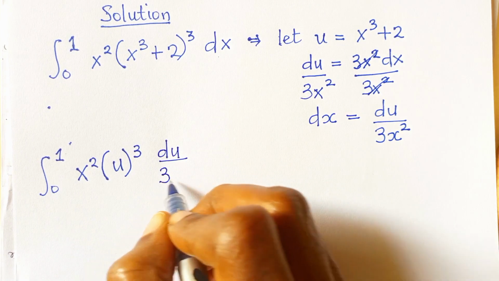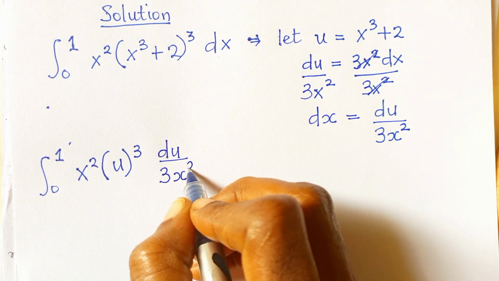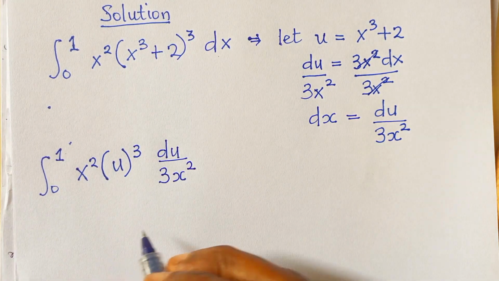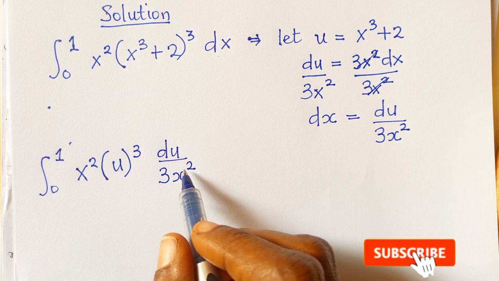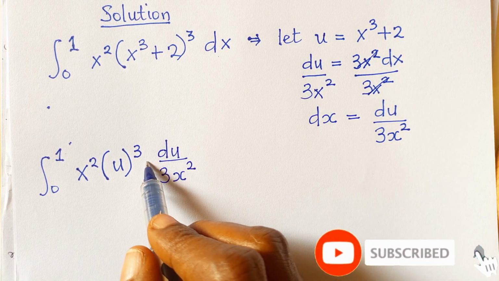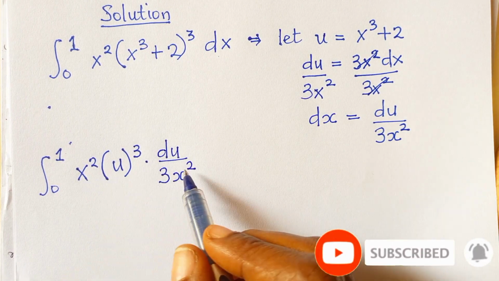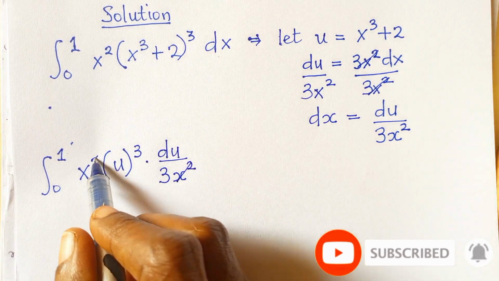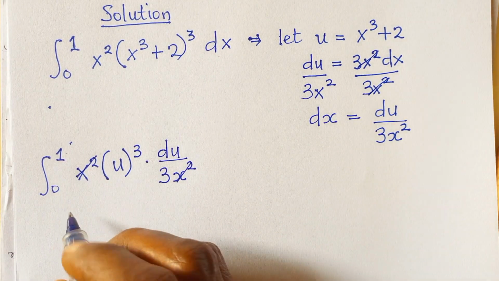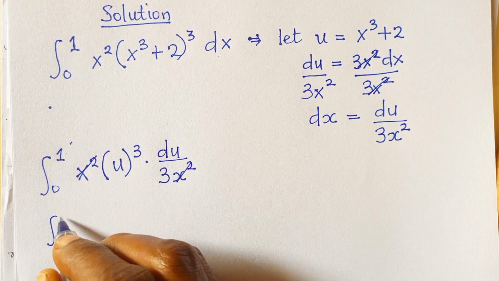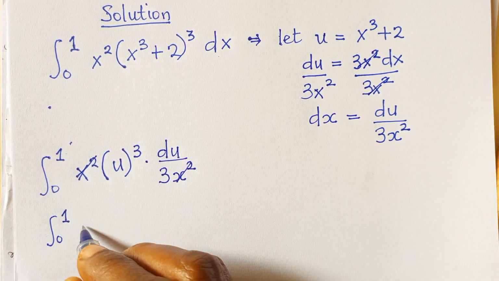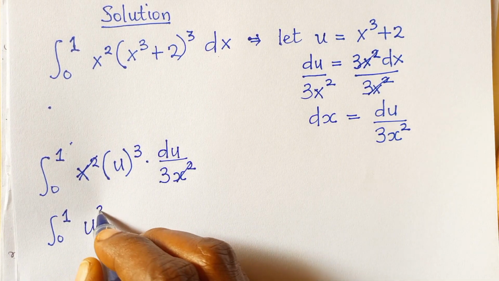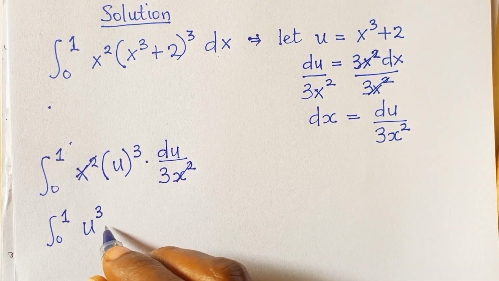Now in this new integral function, you can see that we have x squared there, so those two can divide through, and we are left with u cubed du over 3.